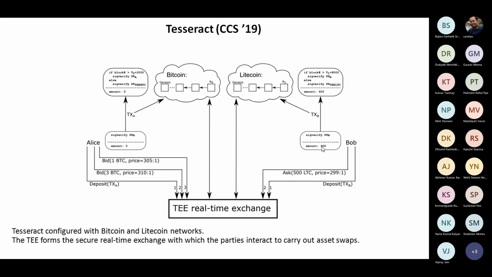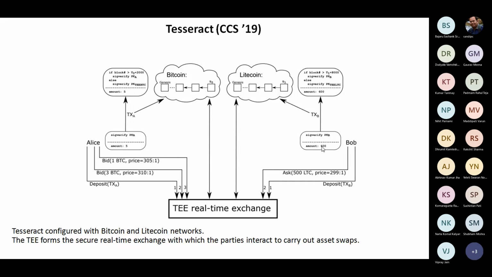The other part is the else: if that amount of time or number of blocks has elapsed, then it is sig verify pk Alice, or on the other side sig verify pk Bob, which means that after that time, whatever amount is there can be taken back.